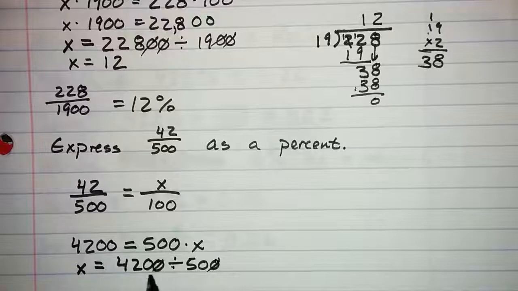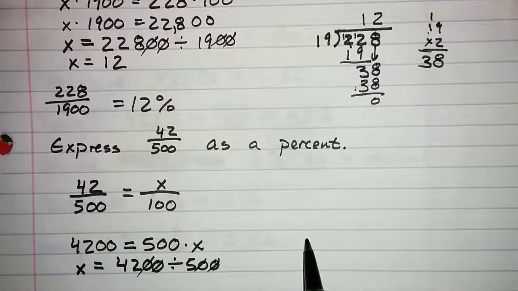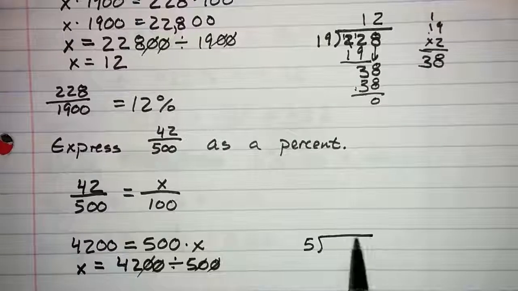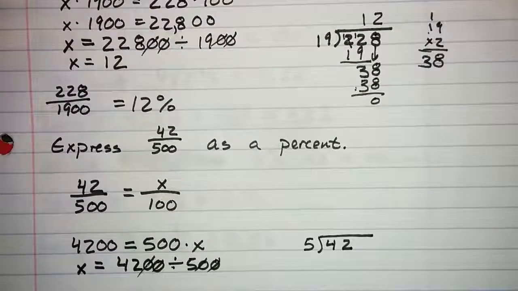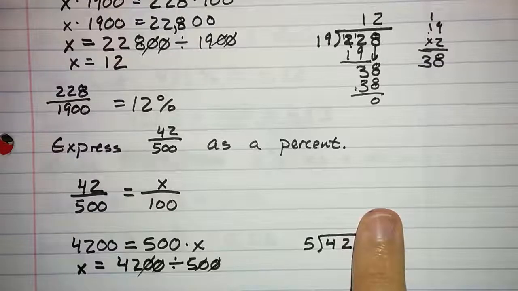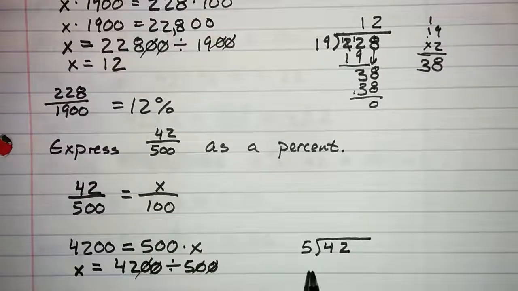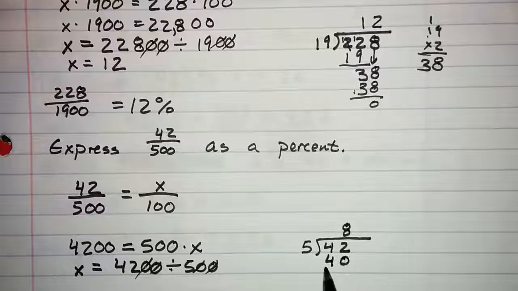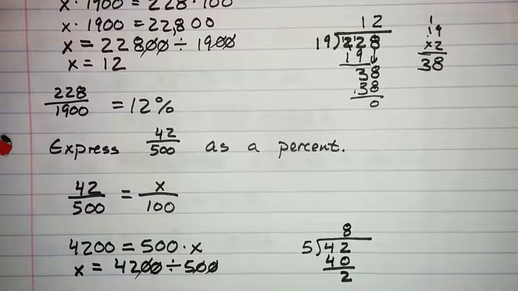Using what we know of decimal division to make this a little bit easier, we're going to divide 5 into 42. 5 goes into 4, not at all. It goes into 42 8 times, because 8 times 5 is 40. There's still something left.